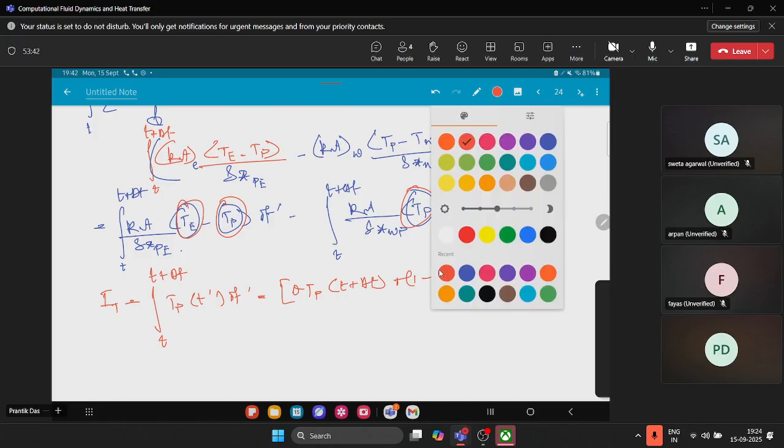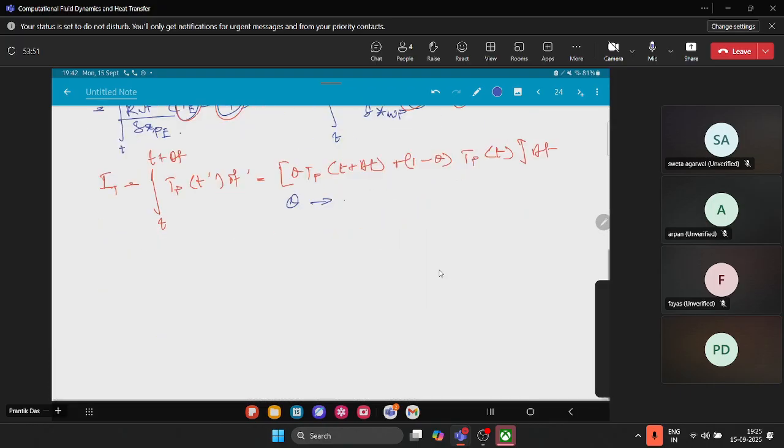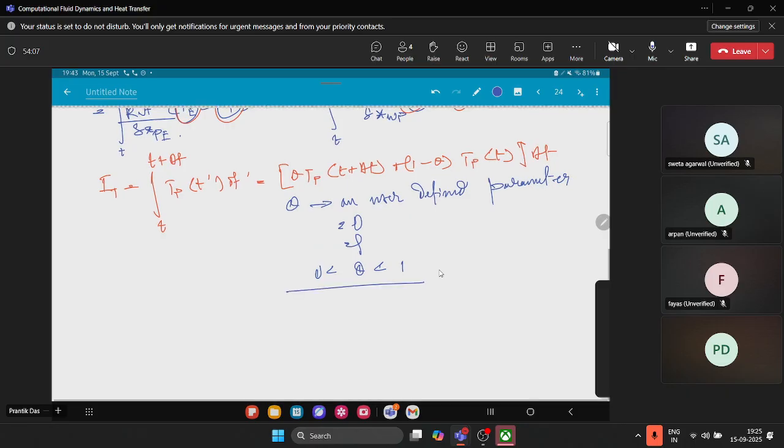Okay. So this theta is basically a user defined parameter. It can be equal to 0, it can be equal to 1, it can be within 0 and 1. So it remains constant throughout the simulation.